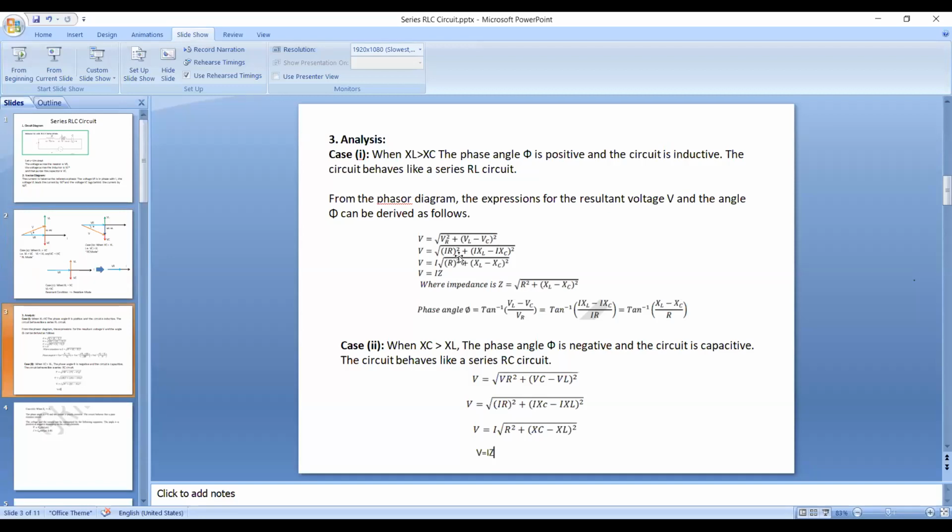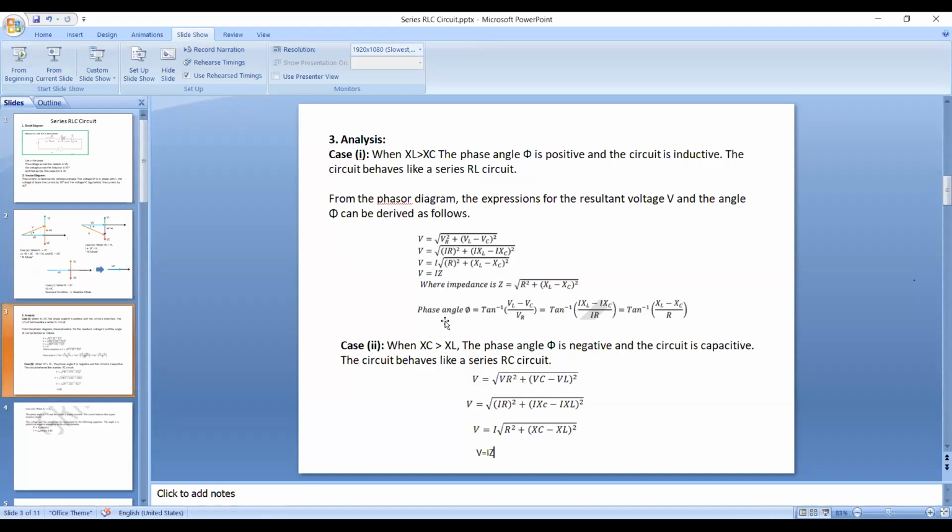When you expand, you can take the current outside the square root, and in the end you get V equal to I into Z, where Z is the impedance of the RLC circuit, given as the square root of R square plus XL minus XC the whole square. That's the impedance of an RLC circuit working in RL mode.